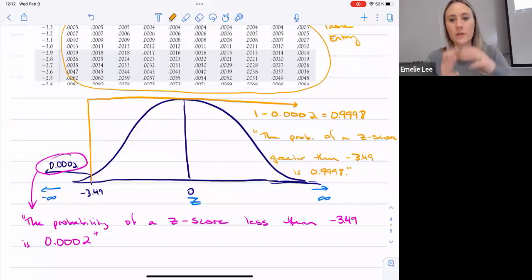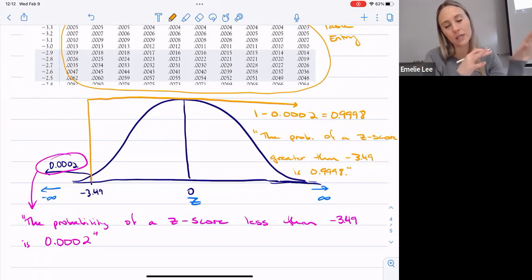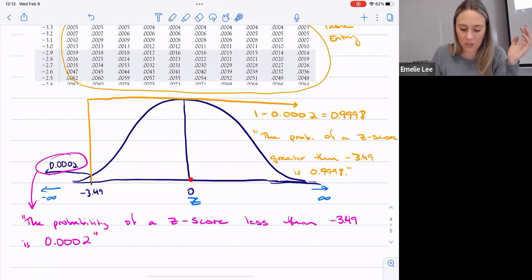We can't ever find a probability to the right with this Z table. The Z table that I'm giving you, and there are lots of different versions, only gives it to the left. But they all leverage the fact that it's symmetric. Sometimes it'll do weird stuff, like one I've seen that gives the area between 0 and a value on one side.